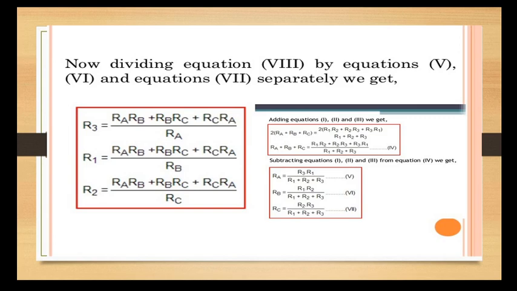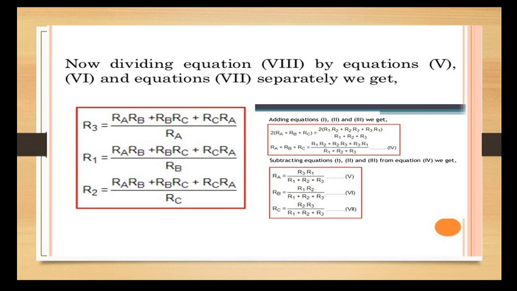So, in star to delta transformation, we have the resistances RA, RB and RC in star connection. This star connection can be converted into a delta connection with the resistances R1, R2 and R3 given by these equations.